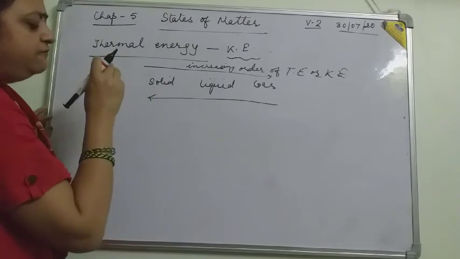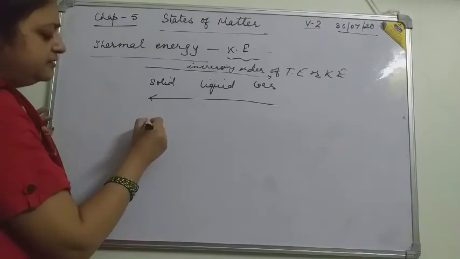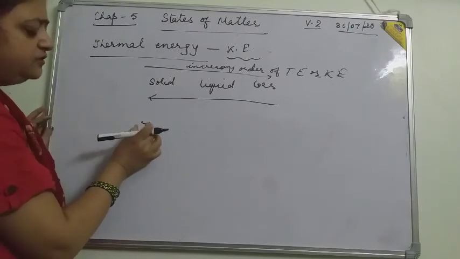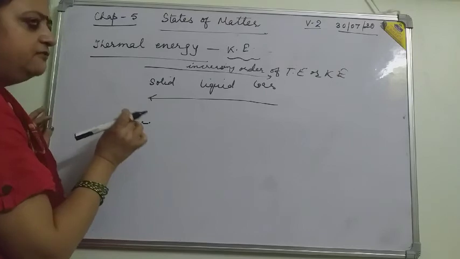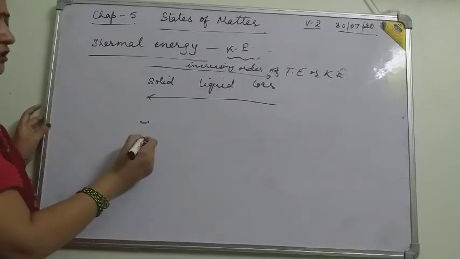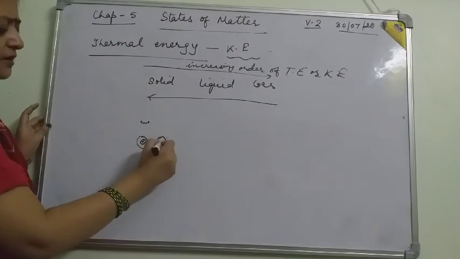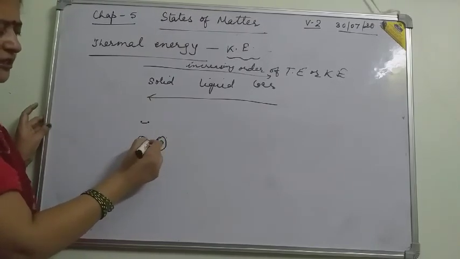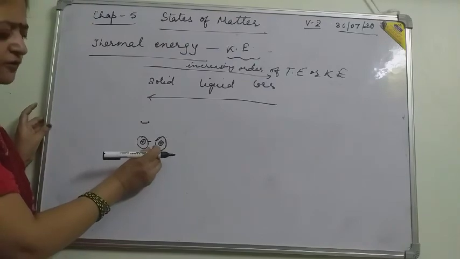Gas has higher kinetic energy, so the thermal energy present in the gas is more, and this is decreasing. If we consider solid, the intermolecular distance between the particles is very low, but the molecules can't come closer to each other, because with a positive nucleus and negative electrons, the negative electrons repel each other, so there is a force of repulsion between them.